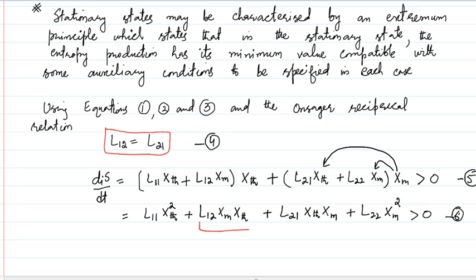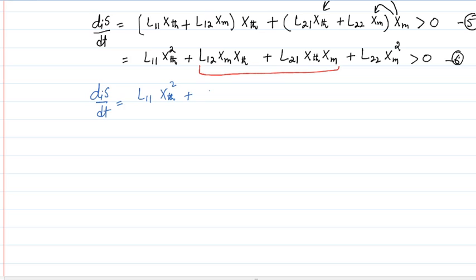So we can write then, in place of these two terms, this entropy production per unit time will be simply equal to L11 Xth square plus 2 times, so we will take one of the coefficients because L12 is equal to L21, so we will write suppose L12, it will be Xm and Xth plus L22 Xm square greater than or equal to 0. So this will be our equation 7.